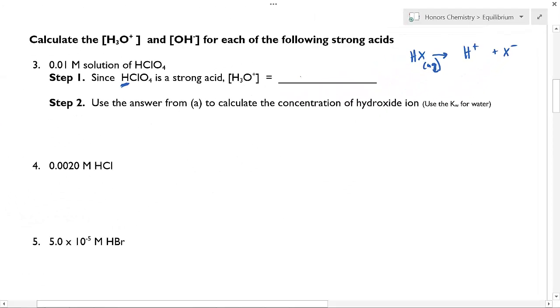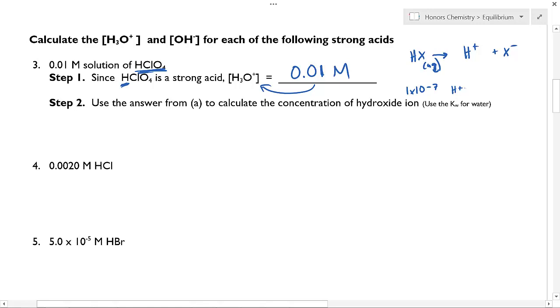So since this is a strong acid, and they give me my concentration of this, I can therefore say it's going to be the exact same. Now that I know my H3O plus concentration, I want you to recall that normal, neutral water has 1 times 10 to the negative 7th concentration of H plus.